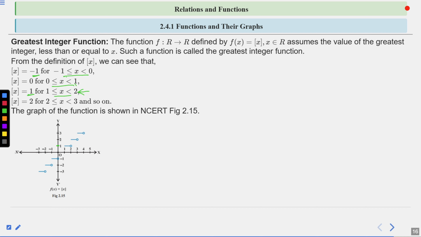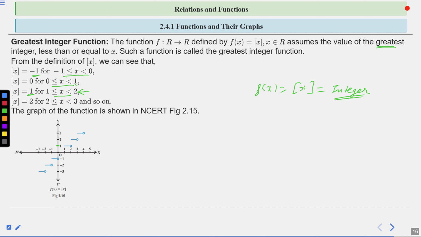So how we defined our f(x) equals greatest integer of x is quite simple: we want the output to be an integer first of all. One thing is very clear, whatever the output is, it must be an integer. By definition, the output must be an integer.